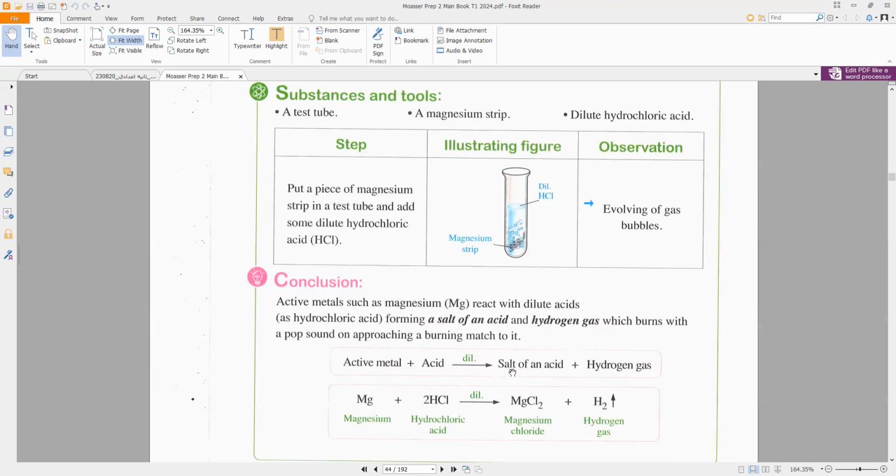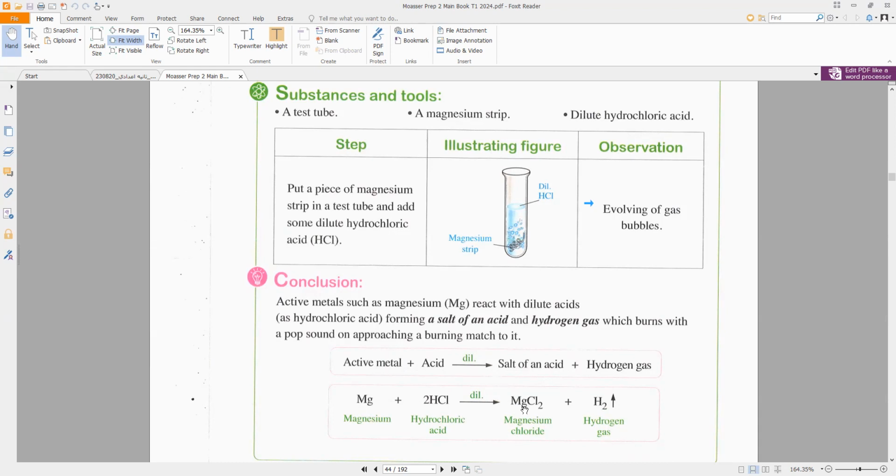We study that a salt is a combination of a positive ion and a negative ion. Any salt is composed of a positive ion, magnesium is a positive ion, and the chlorine is a negative ion. This is a salt. So when any metal reacts with diluted acid, the product is the salt of the acid. It has the symbol of the acid, chlorine, with magnesium added to it.